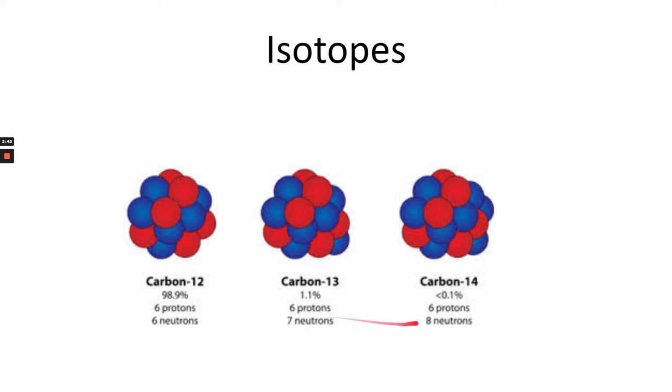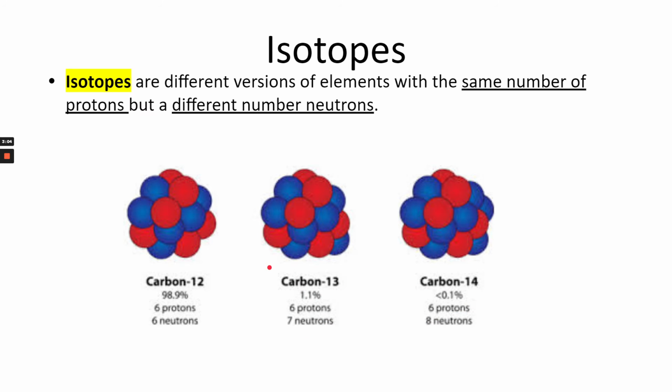Notice that all of these have the same number of protons, because that number determines the element. But they have different numbers of neutrons. So an isotope has the same number of protons, but a different number of neutrons. And since neutrons don't carry a charge, they don't affect whether it is positive or negative. It's just adding a little bit of atomic mass.